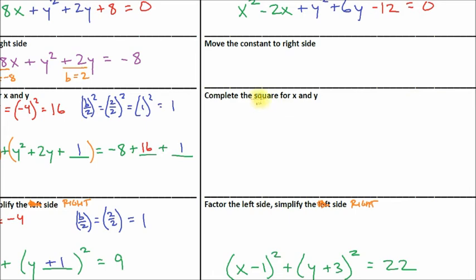So the value that you're going to use to complete the square for the x terms is 1, and for the y terms is 9. Remember, when you finish this step, the right side of the equation is going to be 12 plus 1 plus 9, because you're going to add 1 to the x terms and you're going to add 9 to the y terms.